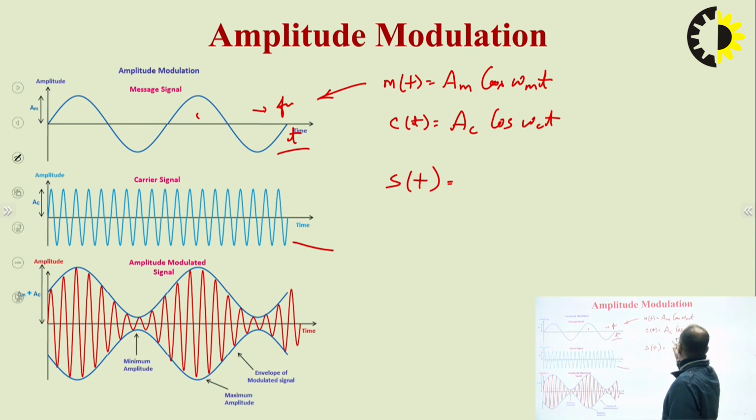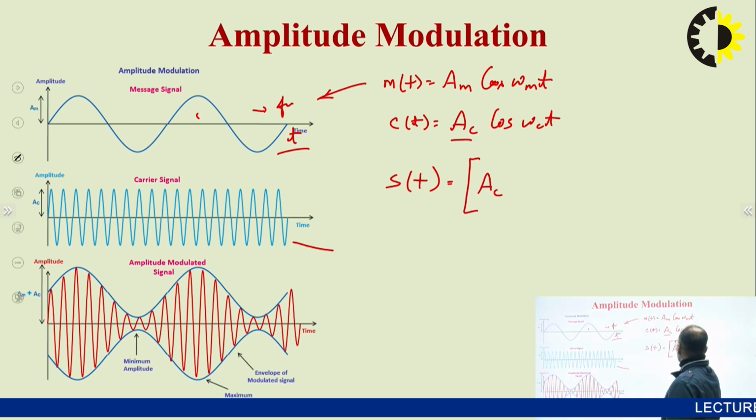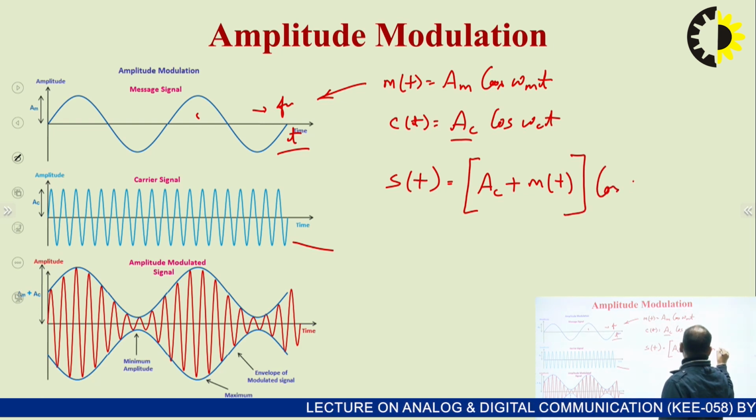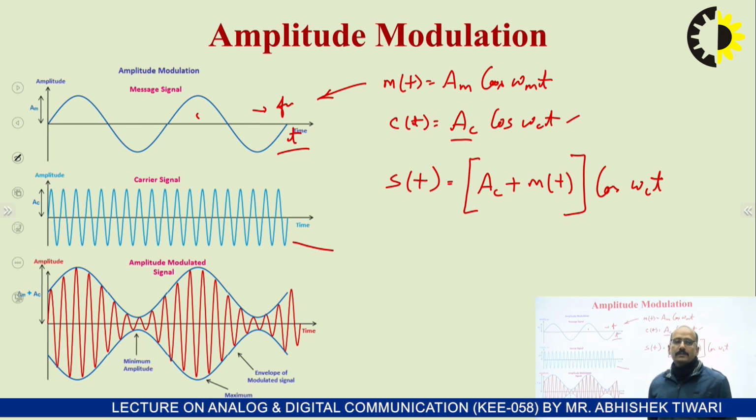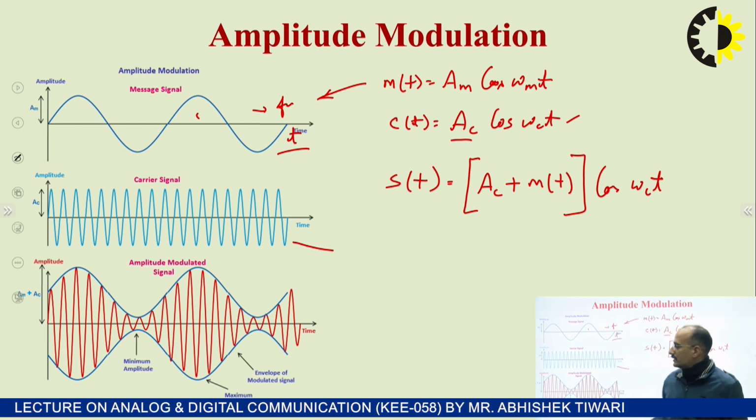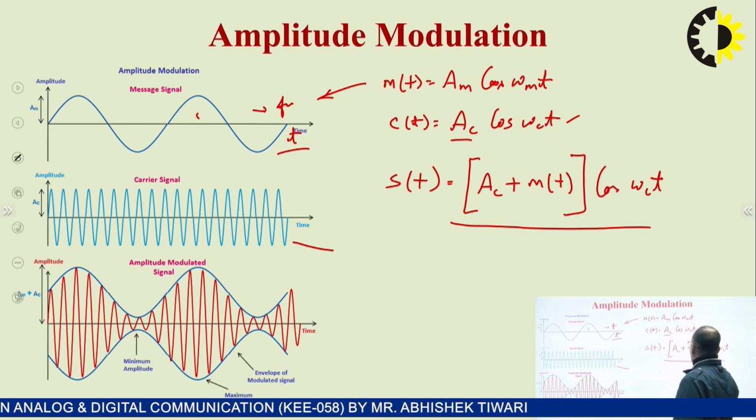That's why you can write the amplitude of the carrier is Ac plus the instantaneous value of the message, m(t), and cos(ωc t) is the same, because you are not going to change the frequency or the phase. So this is the amplitude modulated waveform.